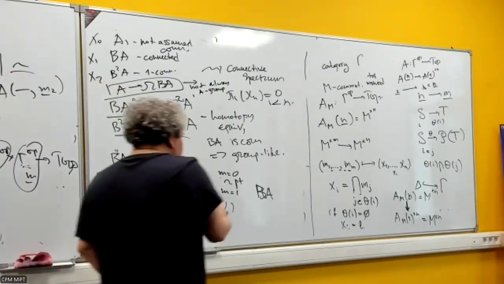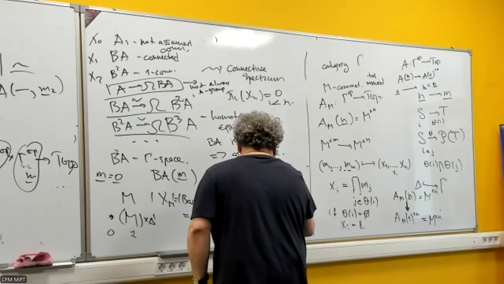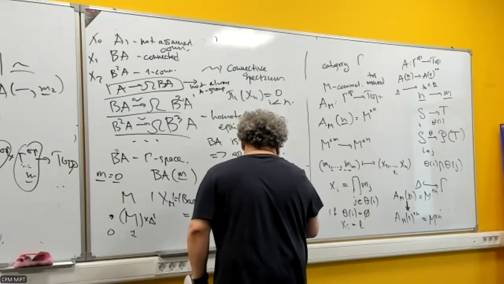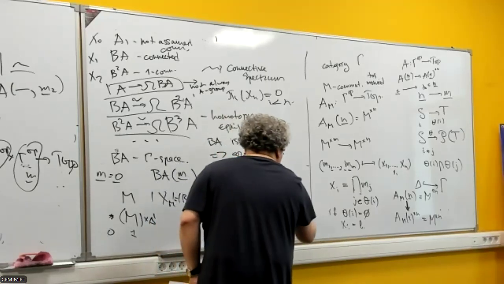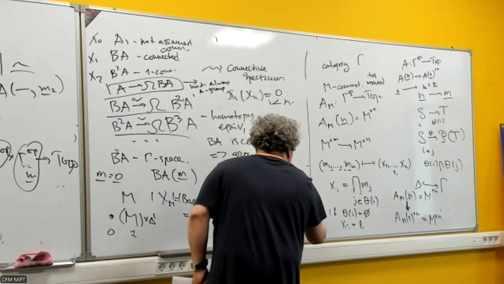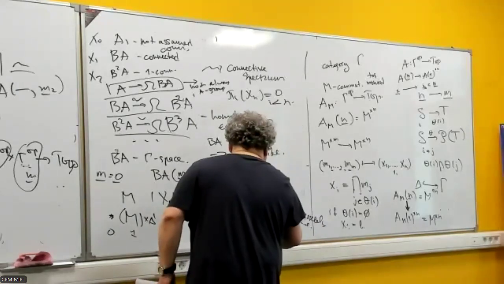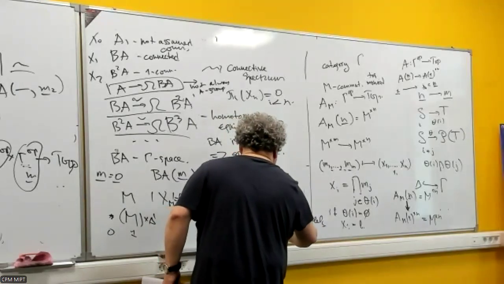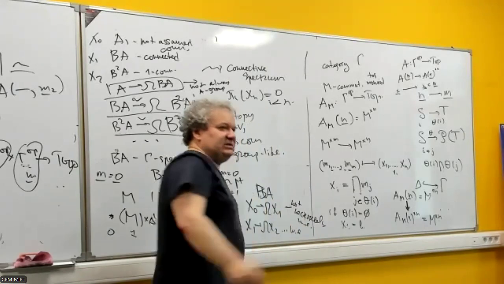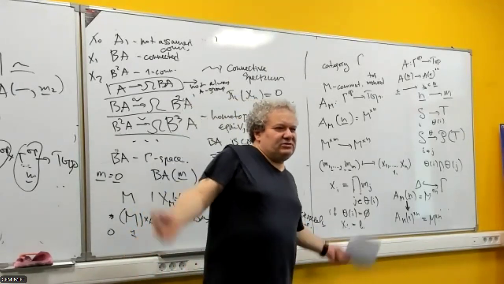It means that this map x0 to omega x1 is not necessarily a weak equivalence or homotopy equivalence, but x1 to omega x2 and so on are weak equivalences. This is actually the story.